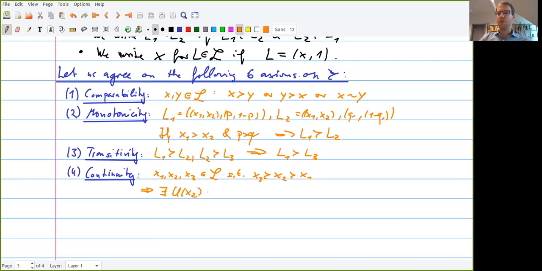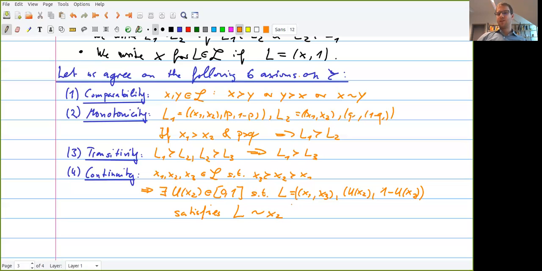A probability u of x2, so in the sense of probability it is between 0 and 1, such that if you consider the lottery L given by the payoffs x1 and x3, with the associated probabilities that x1 appears with probability u of x2, and x3 appears with probability 1 minus u of x2, this new lottery L is indifferent to x2.